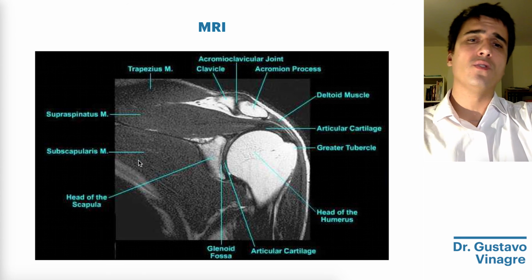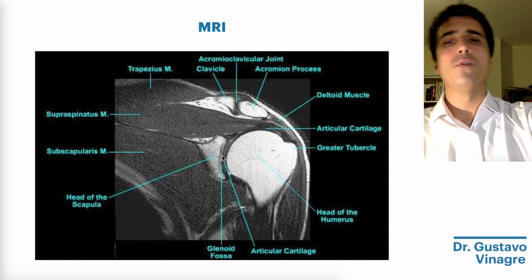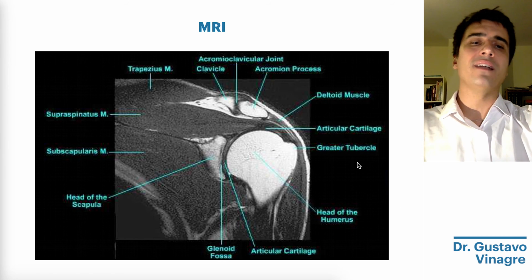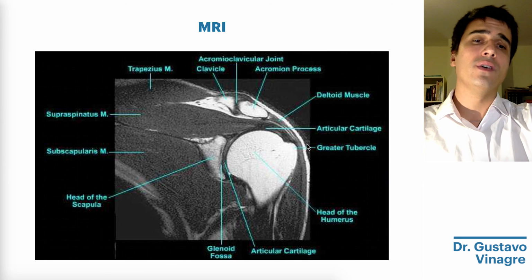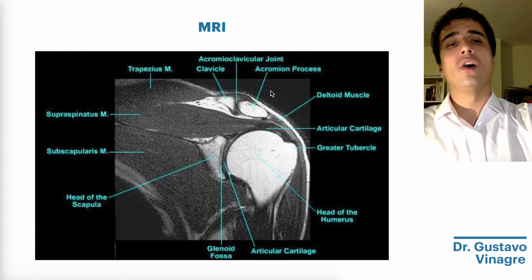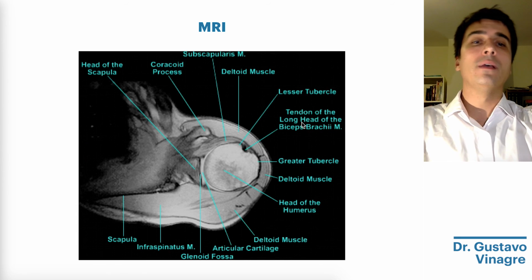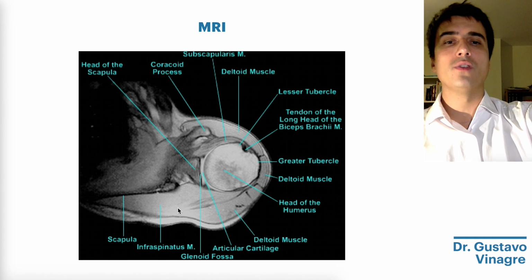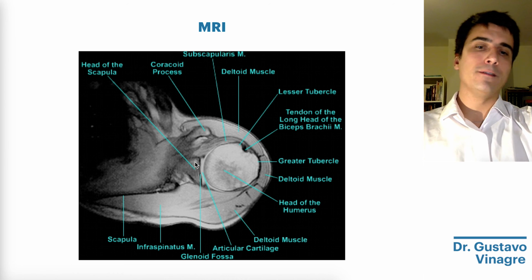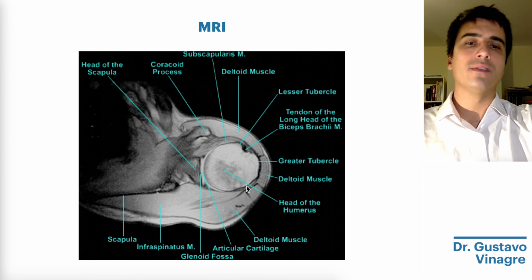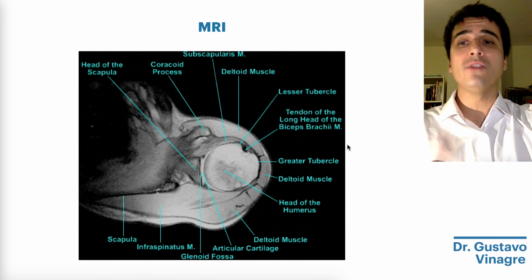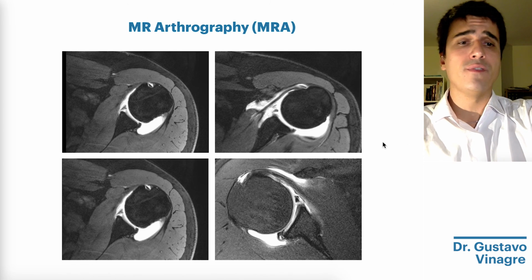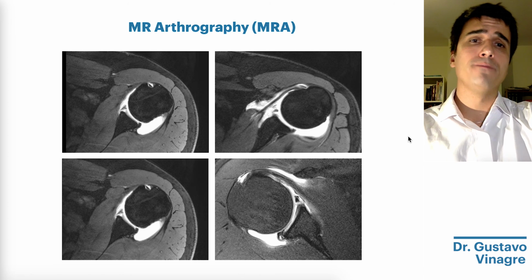So you see the supraspinatus upwards, the subscapularis at the front, the glenoid fossa, the articular cartilage, the humeral head, the greater tuberosity, the lesser tuberosity, acromion process, clavicle, coracoid process, deltoid, infraspinatus, the spine of the scapula, and you can see some intra-articular problems too. So it's a very common and very useful exam.